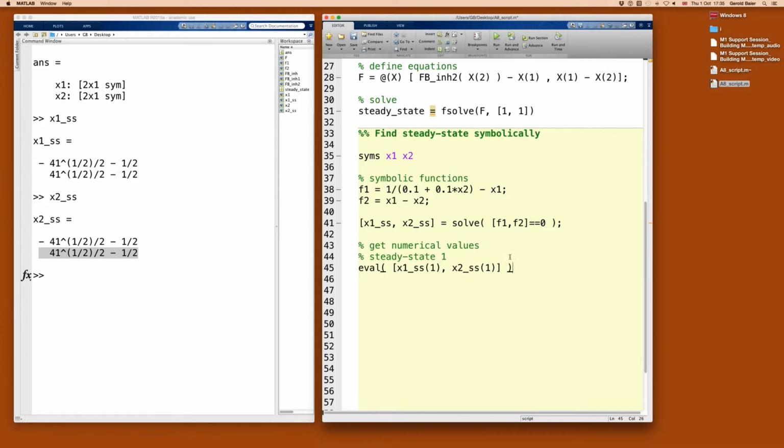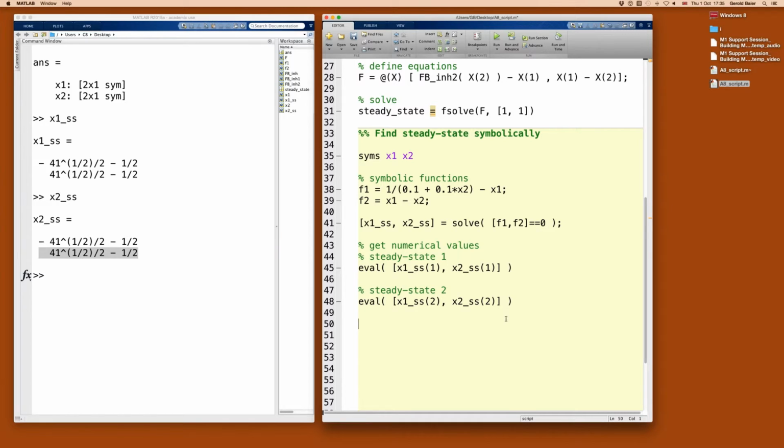And let's just copy and paste this to get steady state 2 and change these subscripts to 2 and 2. So steady state 1 first element, steady state 1 second element, and steady state 2 first element, second element.